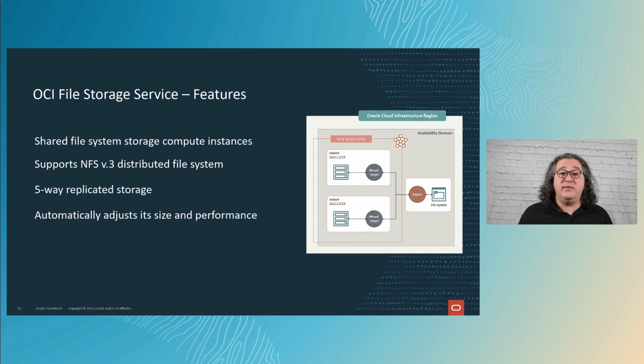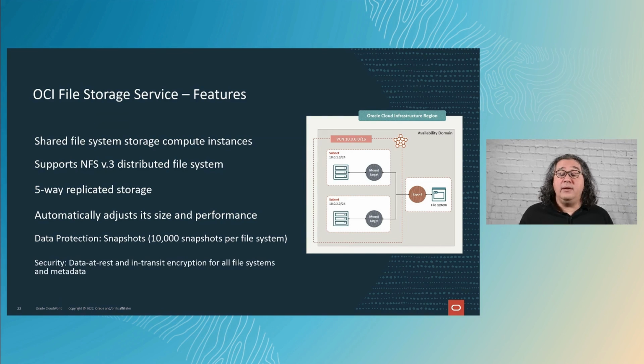It automatically adjusts its size and performance, avoiding bottlenecks. And it offers 10,000 snapshots for data protection per file system. And on top of that, as everything is secure, data is encrypted at rest and in transit.